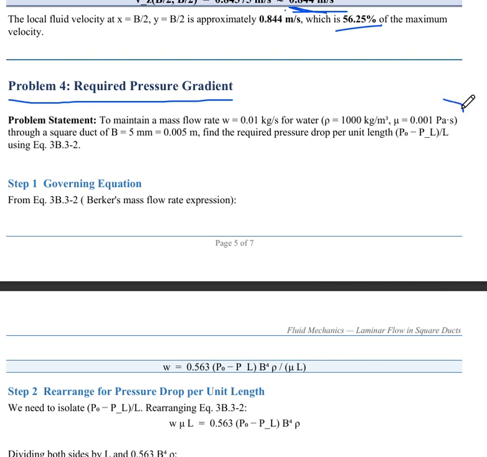Now coming with the fourth and the last problem, which is based on the required pressure gradient. Here you can see the problem statement is to maintain a mass flow rate W of 0.01 kg per second for water, with density and viscosity given, through a square duct of half width B equals 0.005 meter. Then we have to find the required pressure drop per unit length.